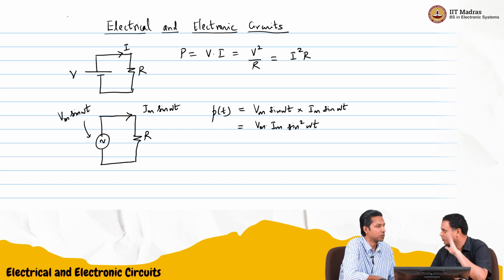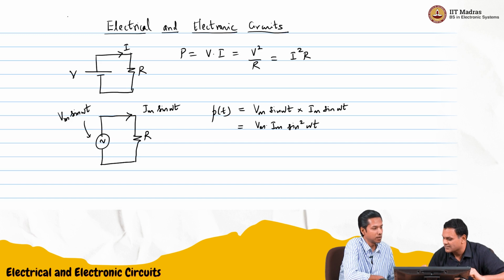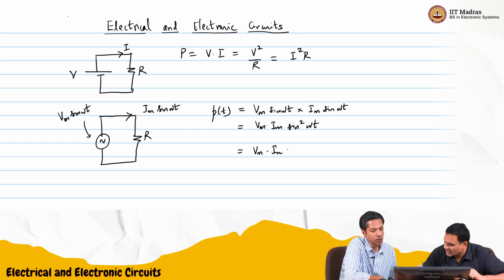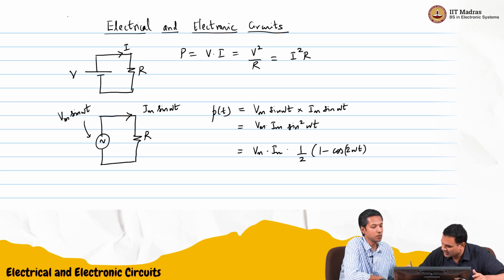So sine squared omega t is half of 1 minus cos 2 omega t. I think this is right.